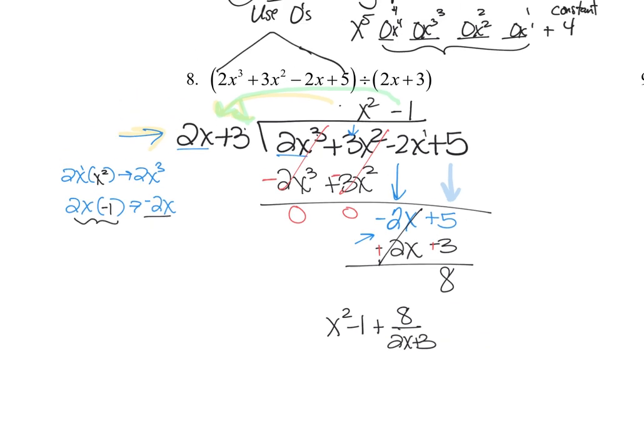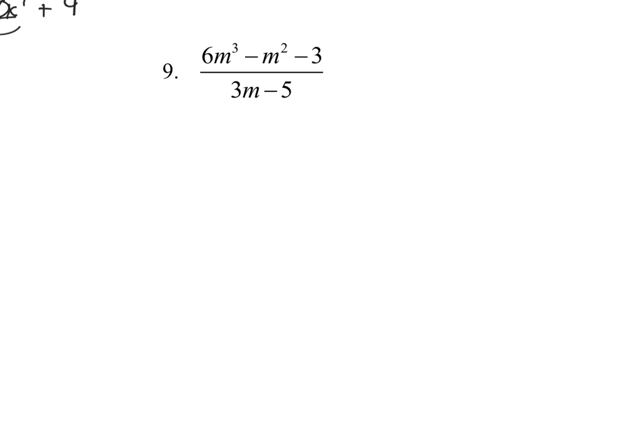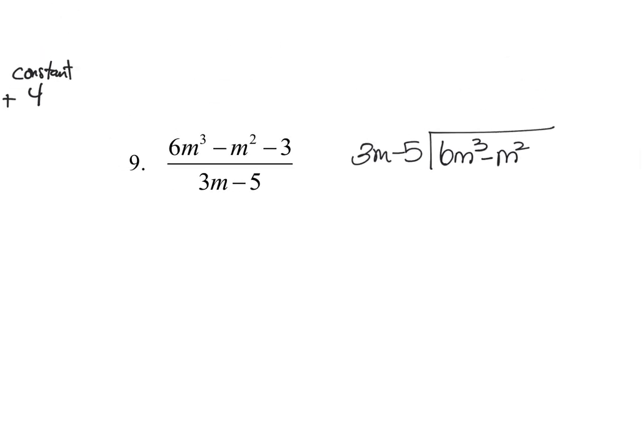All right, number 9. So I'll have 3m minus 5, and the dividend would be 6m to the 3rd minus m squared. Okay, I'm noticing, and I didn't say anything, but I am descending, but I see I am missing a term.